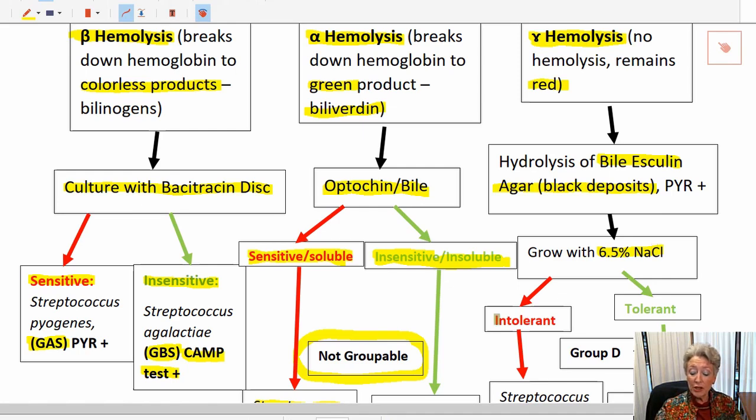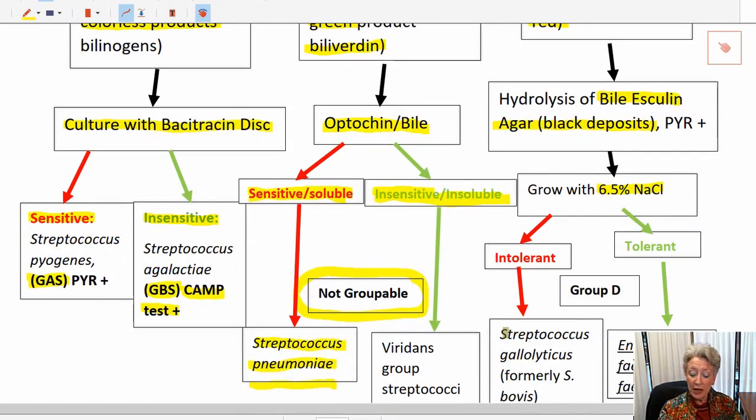Okay, salt intolerant would be Gallolyticus, which used to be Bovis, and tolerant of high salt is Enterococcus, which is not even in this particular genus anymore. It's an unrelated genus, but I left it here because we're still using these same techniques to distinguish between them in the laboratory.